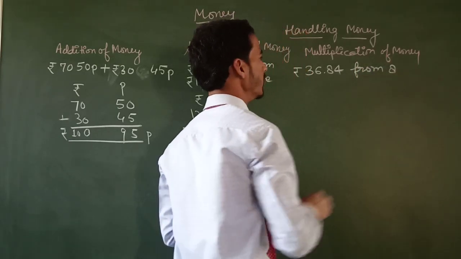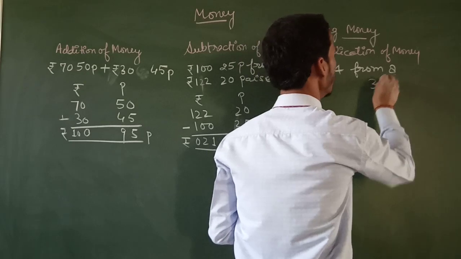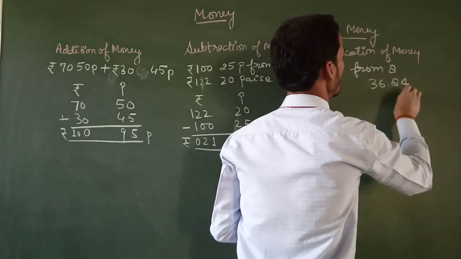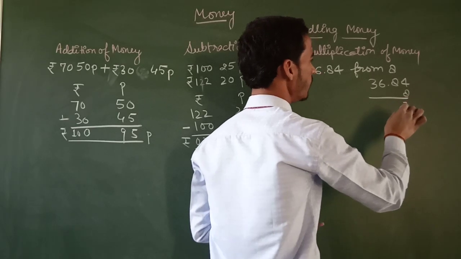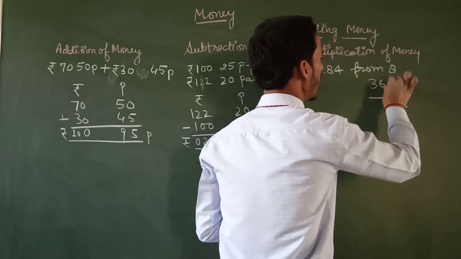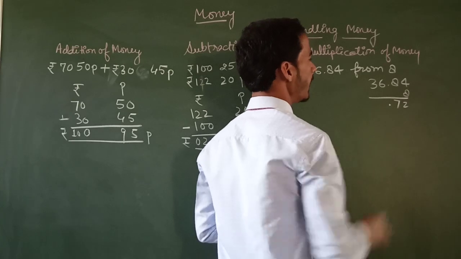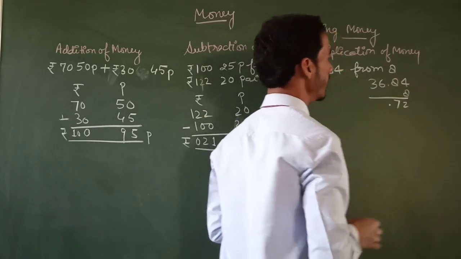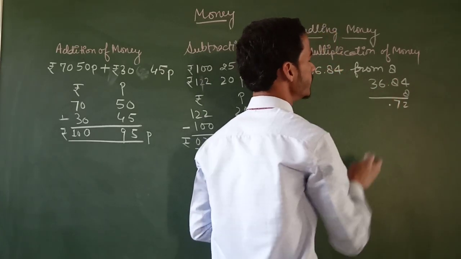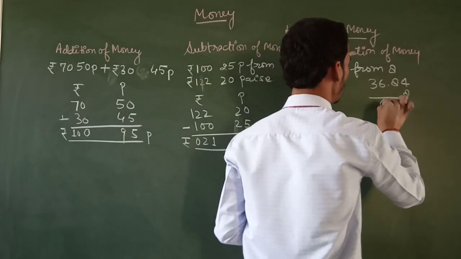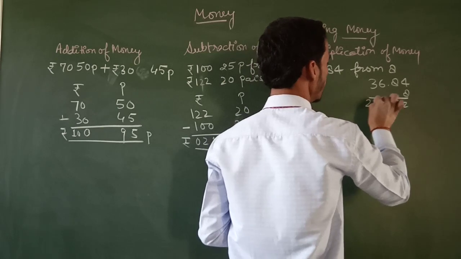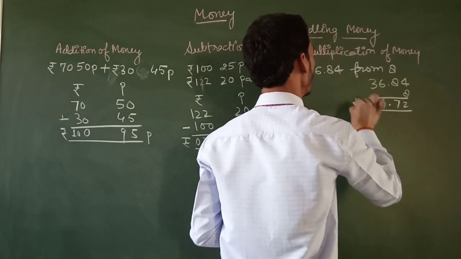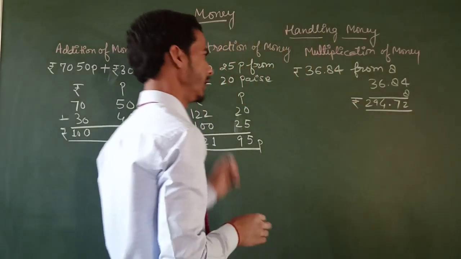Listen how we can multiply it. 36.84 multiplied by 8. 8 times 4 is 32, 3 carry 8 times 8 is 64 and 3 is 67, and we have to put the decimal. 8 times 6 is 48 and 6 is 54, 5 carry. 8 times 3 is 24 and 5 is 29. That is rupees 294.72.